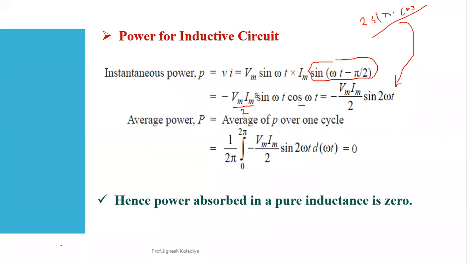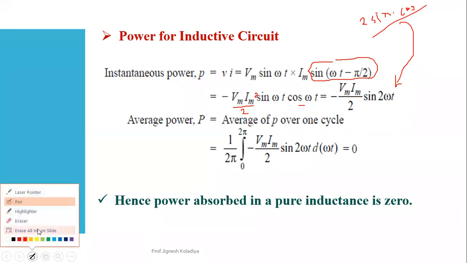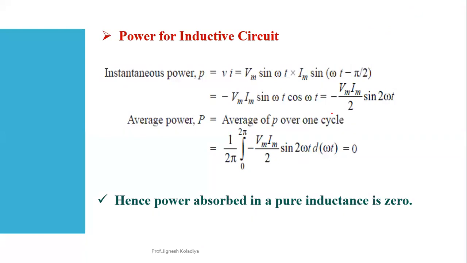So I have the equation, which is minus Vm Im by 2 into sin 2 omega t. So only one term in the power, which is also frequency dependent. The frequency is double that of the input.